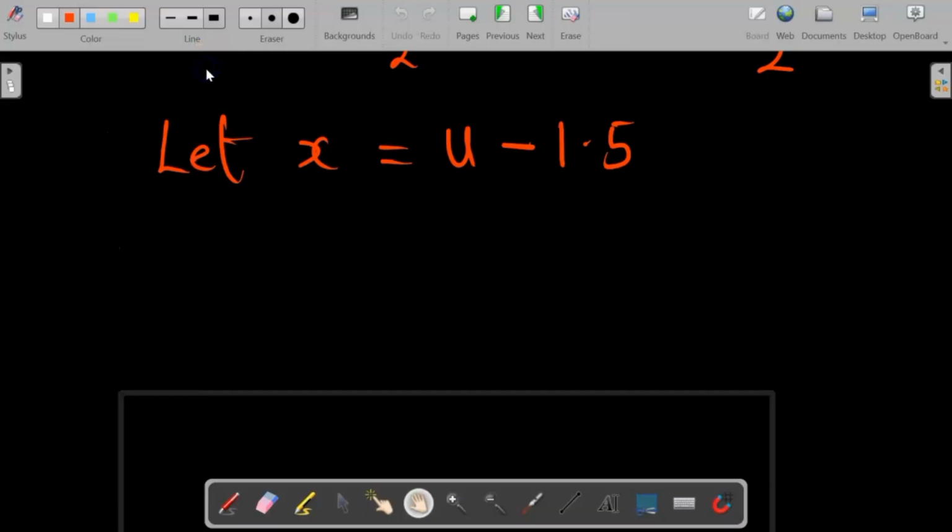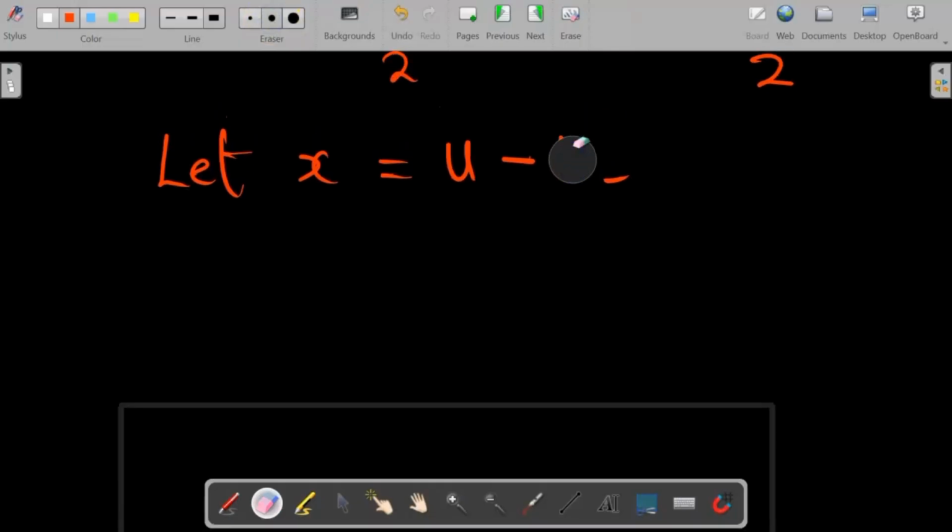So x is u minus 2.5, not 1.5. Now, I can get the value of x.